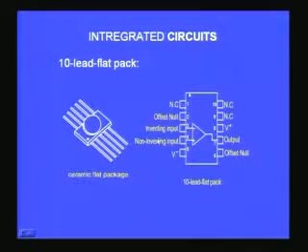You also have a 10 lead flat pack, where you have a flat pack with 4 plus 4, 8 pins on either side, and that also is another package. This is not generally for general purpose use; we use either the metal can or the plastic.